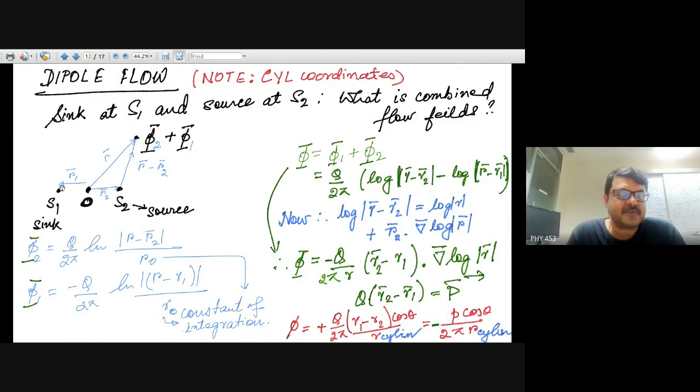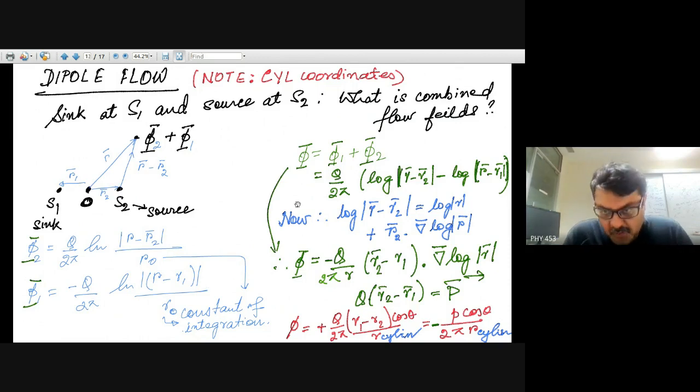And similarly from the sink, you are going to get minus, because it's absorbing, q by 2 pi log of r minus r1 by r0, which is the constant of integration. Now, if you wanted to find the total scalar field velocity potential here, you just add these two, right? Which will be q by 2 pi, this plus this.